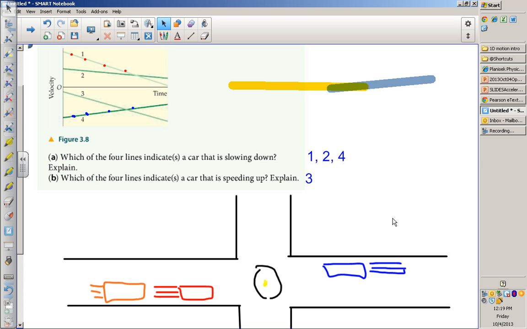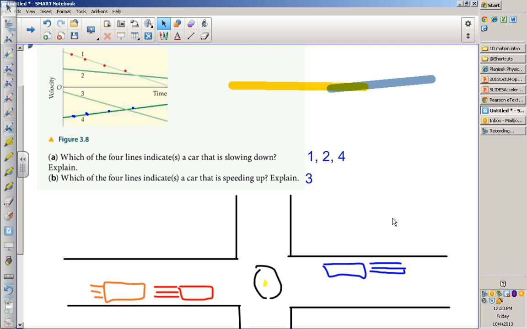So, red car is represented by what line? Number 1. Number 1 has the red dots on it. Blue car is represented by what line? Number 4. Because number 3 would be a car that decides to do what? Speed up and go through the intersection, right?